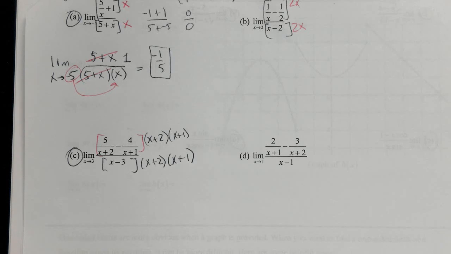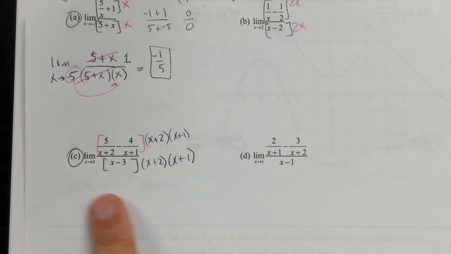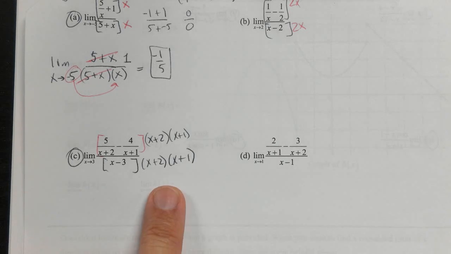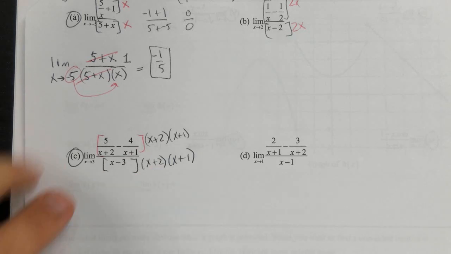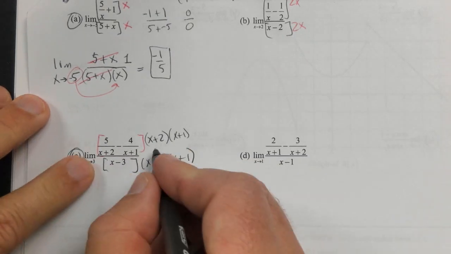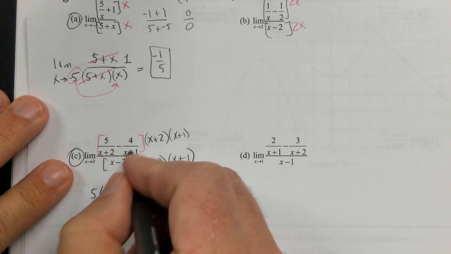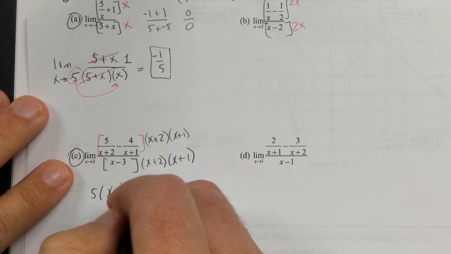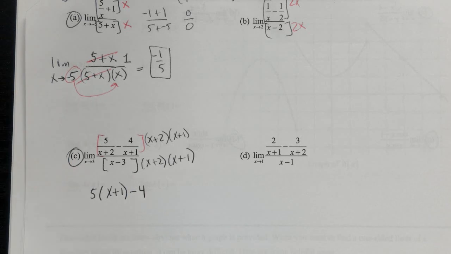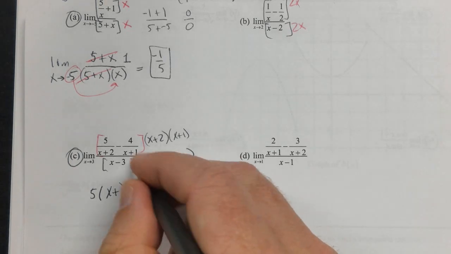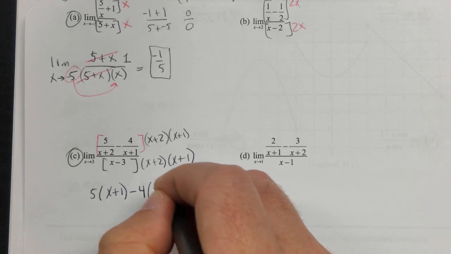And my guess is that something is going to cancel, so I probably don't have to multiply out the bottom. I probably want to leave that factored and hope that one of those things goes away. But I will need to multiply out the top. Let's see, so the x plus 2's will cancel, and that would leave 5 times x plus 1. On the second term, the x plus 1's cancel, so -4 times x plus 2.